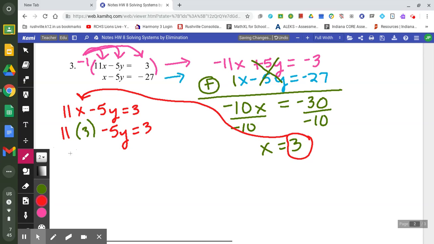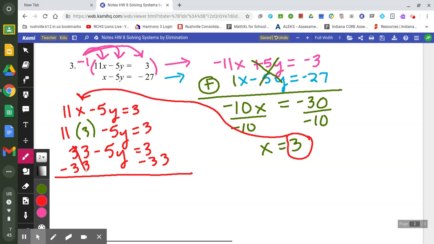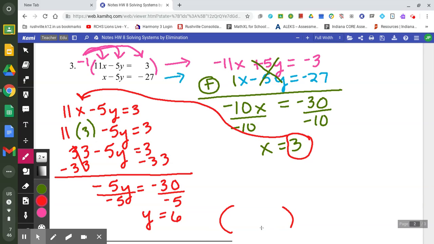So my 11 times 3 is 33, minus 5y equals 3. Subtract 33 from both sides of the equal sign. Now I have negative 5y equals negative 30. Divide by negative 5 on both sides of the equal sign. Y equals a positive 6. My solution again is an ordered pair with the x value first and then the y value. The x value is 3. The y value is 6.